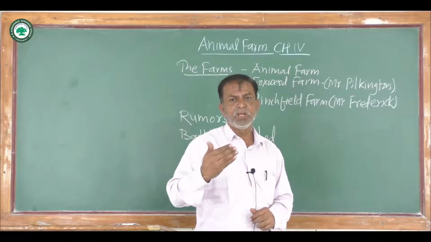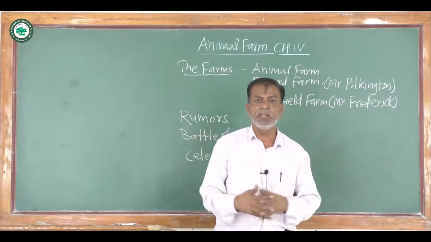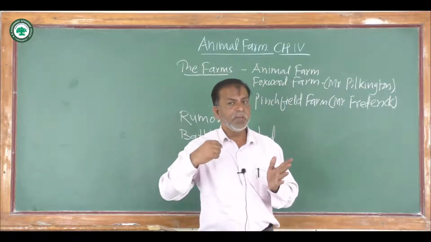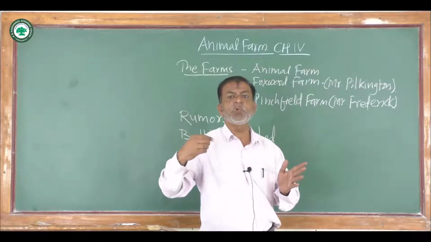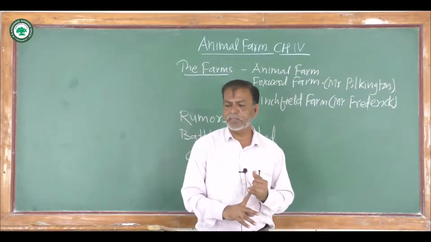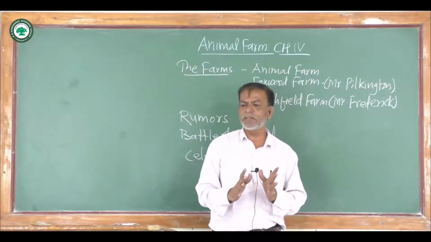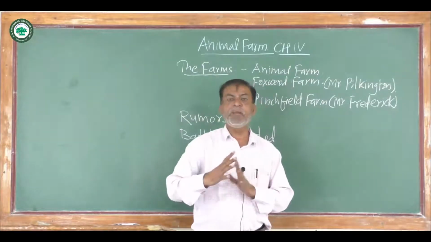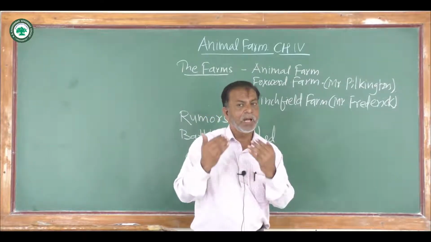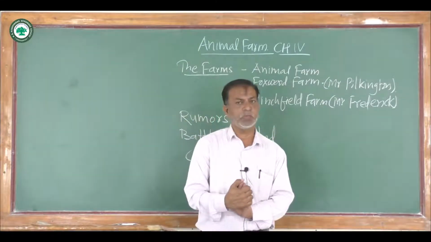And Snowball is more interested in war strategy. Because every pig starts to read and write, he reads the book on Julius Caesar's campaigns, and through that book he learned how to make self-defense also.